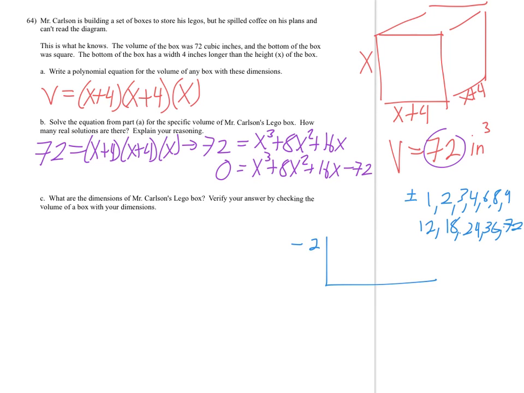Or maybe negative 2. So that'd be 1, 8, 16, negative 72. 1, negative 2, that gives me 8, negative 2 is 6. Negative 12. 16 plus negative 12 is going to be 4, negative 8, and that does not work. How about positive 2? My original gut instinct.